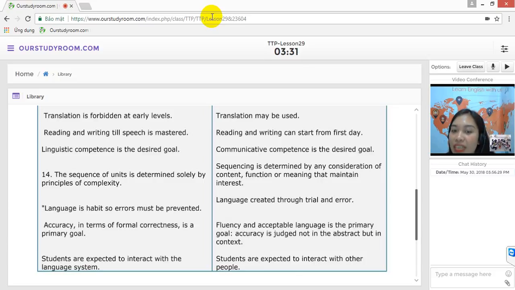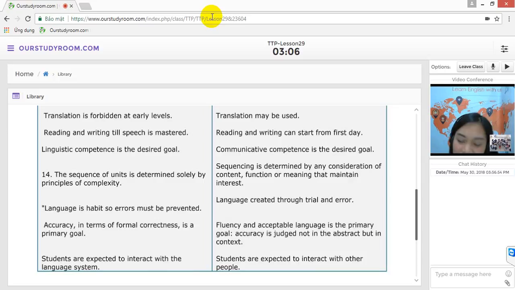So in audiolingual, the sequence of units is determined solely by principles of complexity, while in the communicative, sequencing is determined by any consideration of content, or function of the meaning that maintains interest. Okay, thank you, teacher Lucy.